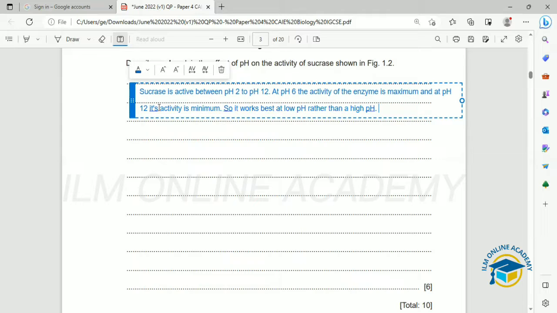And you can even say that there is more activity in acidic conditions and less activity in alkaline conditions. That would be a similar thing.